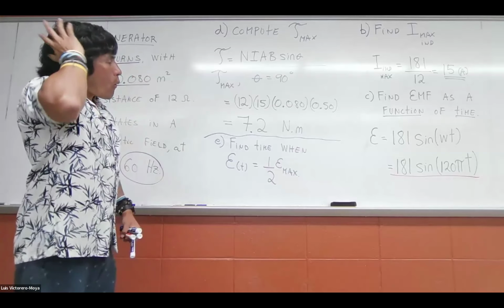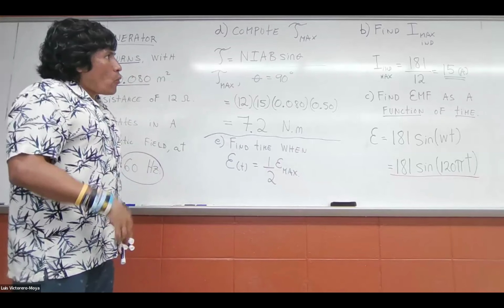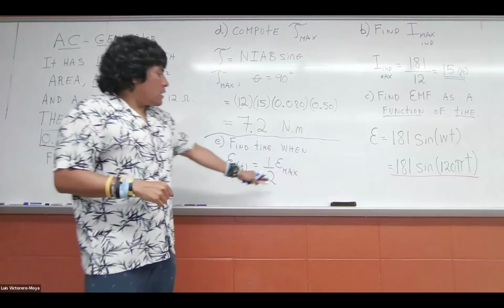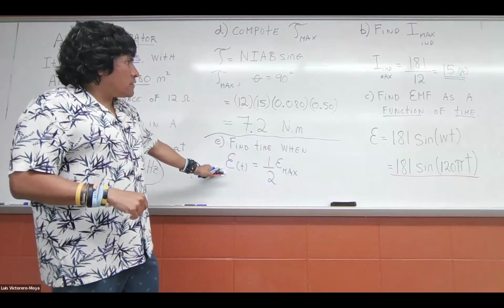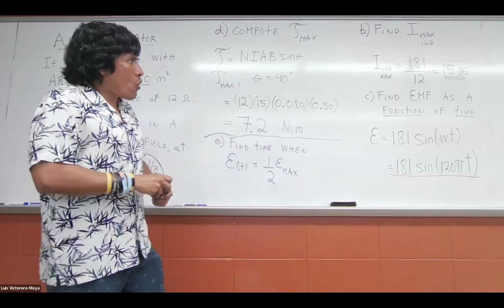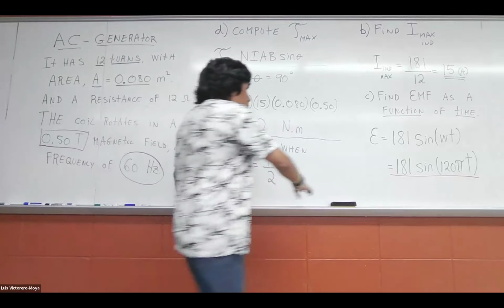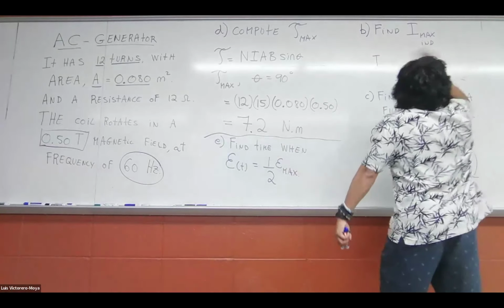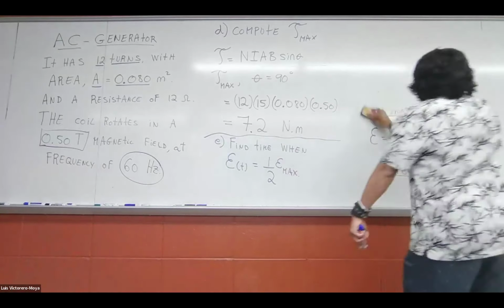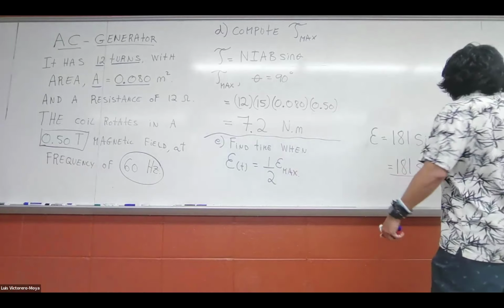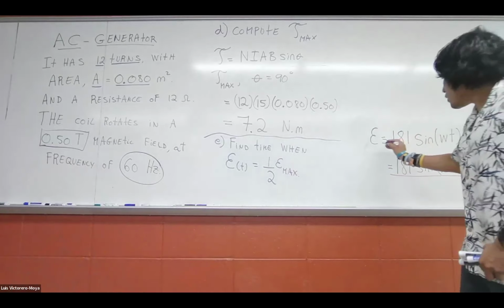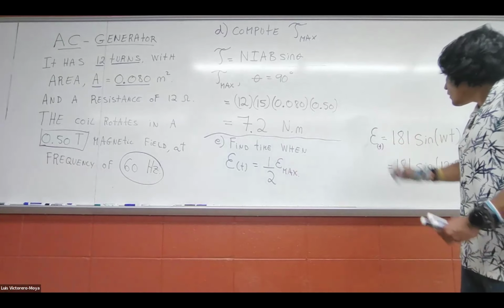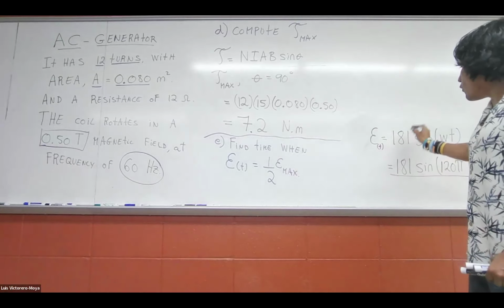So we know E max is 181. And we know this, you did this in part one, right? That's the E as a function of time. We want this to be half of this.